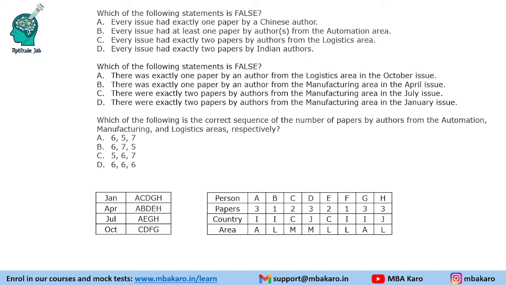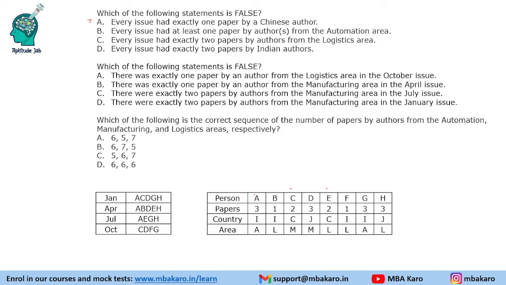Next, which of the following statements is false? Every issue had exactly one paper written by a Chinese author. So we have two Chinese authors, C and E. Only one of them is writing a paper. So this is true. Every issue had at least one paper by authors from the automation area.